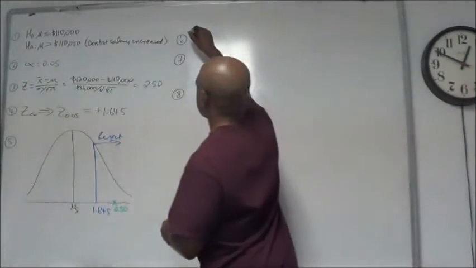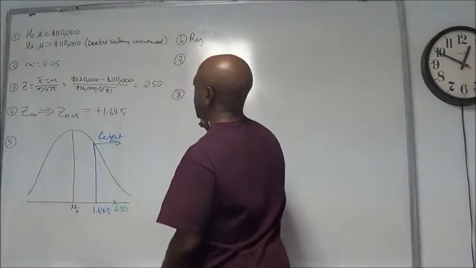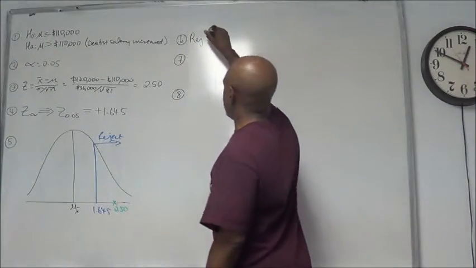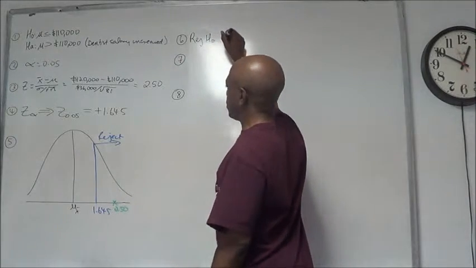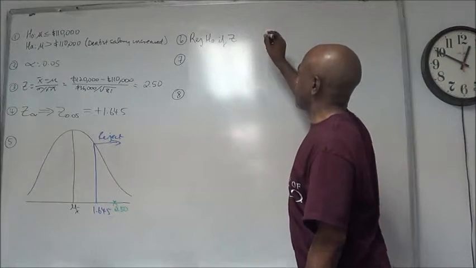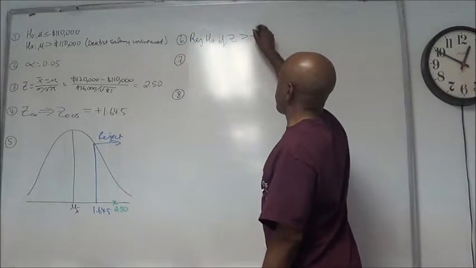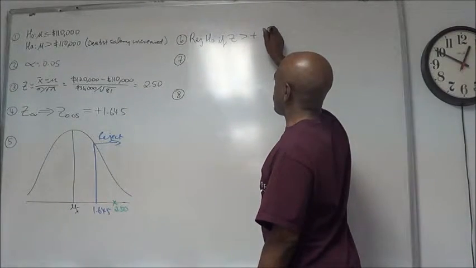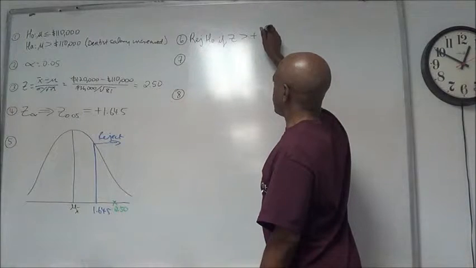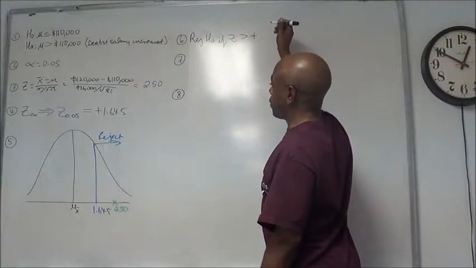Reject HA. We're never rejecting HA. Oh, reject H0 if Z is greater than positive Z alpha. What is greater than what?